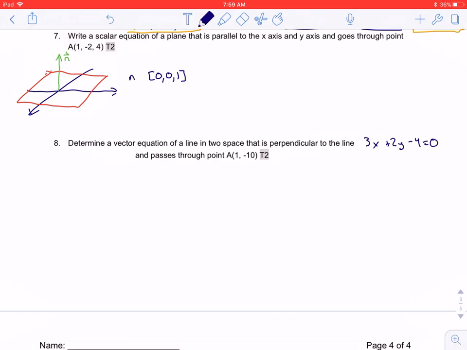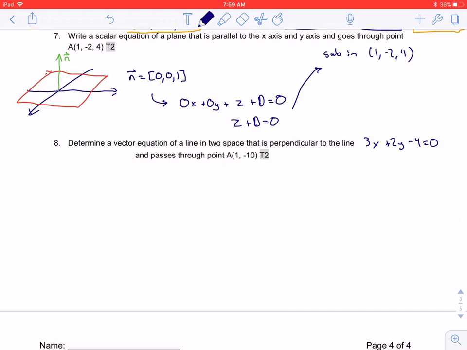That tells us our equation is 0x plus 0y plus z plus d equals 0, so z plus d equals 0. Then we just sub in our point 1, negative 2, 4.